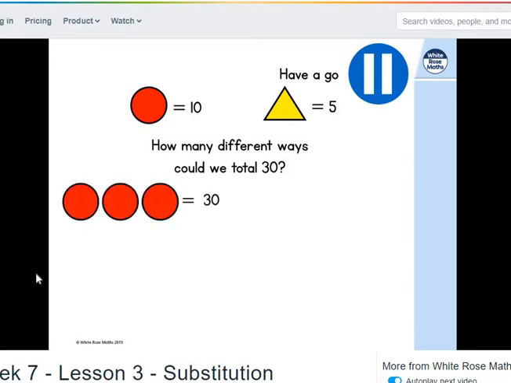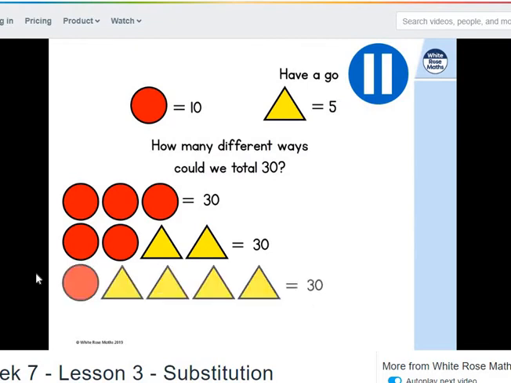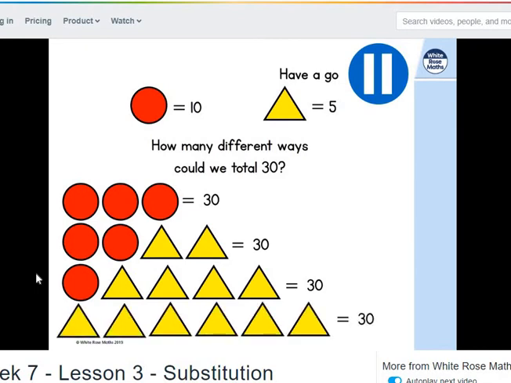So I could have written 3 circles. That would be 30. Well, if I exchanged 2 of those triangles for 1 circle, I can see that I can also have 30. I could have written it this way: 1 circle and 4 triangles. Or 6 triangles would have also given me a total of 30.